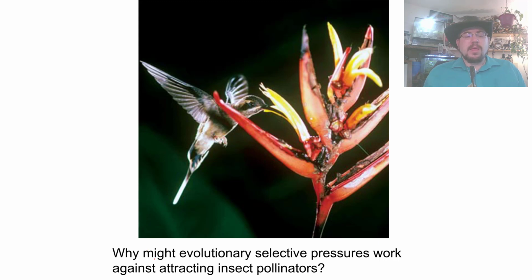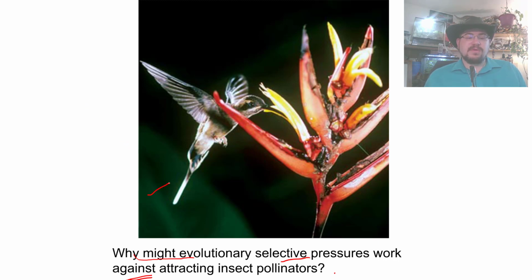So for instance, we have a question here. Why might evolutionary selective pressures work against attracting an insect pollinator? So under what conditions would an insect pollinator not benefit the plant? Give you a second to think.